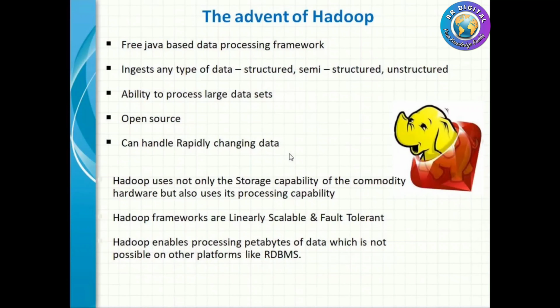Here, each and every piece of data is stored in three different servers, three different places. In case one location, that particular cluster or server, is down, your data will be retrieved from a different location or server. That is called fault tolerant.